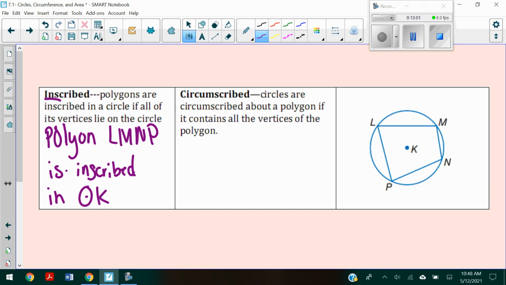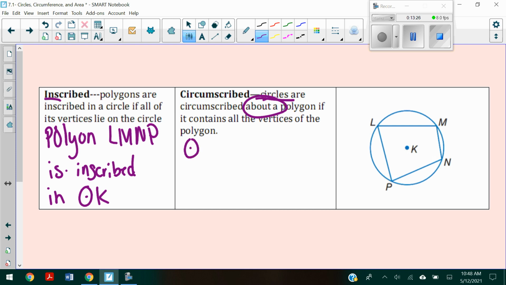So then the other word we have here is circumscribed. Please be careful when you are saying that. If you say it incorrectly, we're going to have a chat. Circumscribed, excuse me. Circles are circumscribed about the polygon if it contains all the vertices of the polygon. So this one is going to talk about the circle that's about the polygon, so meaning around the polygon.